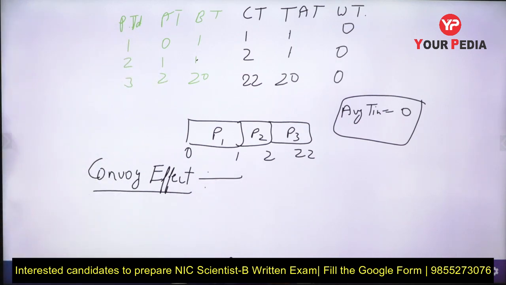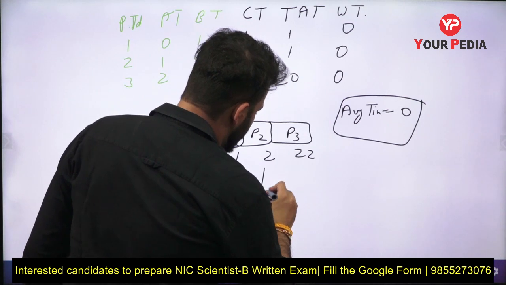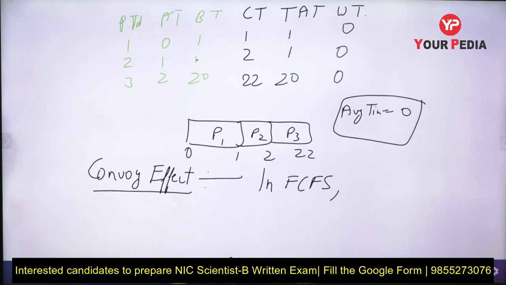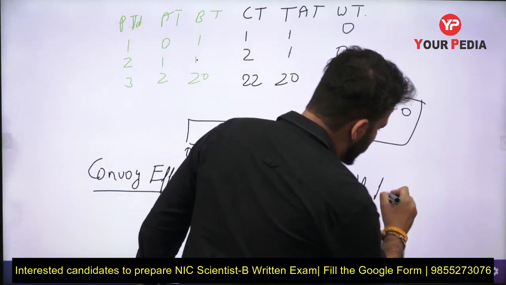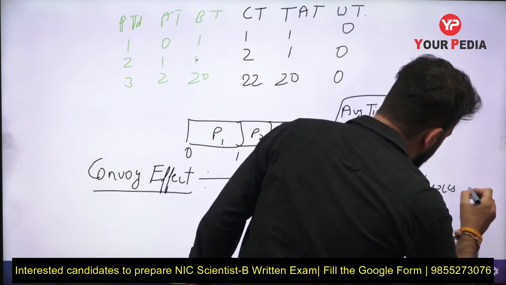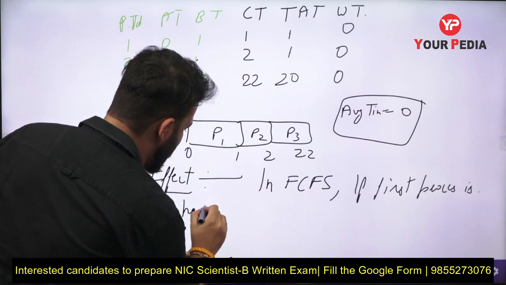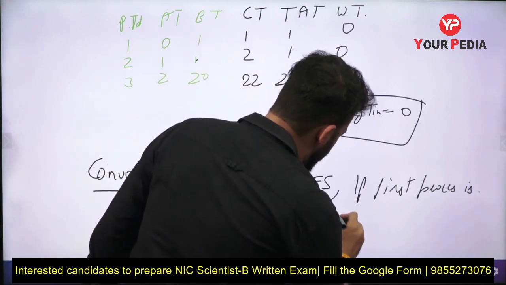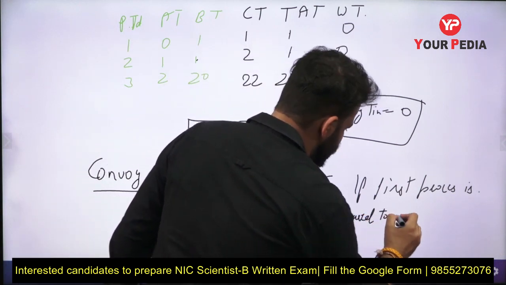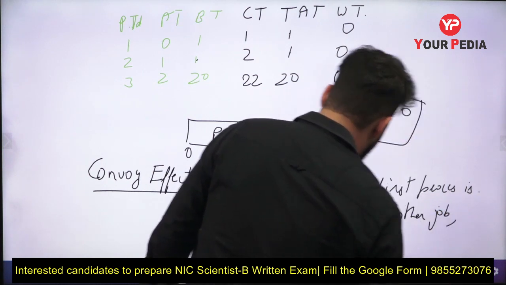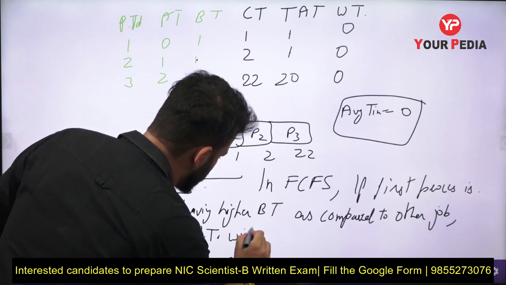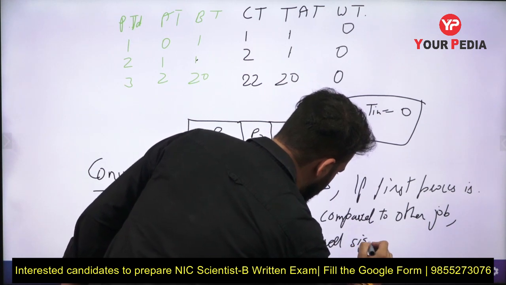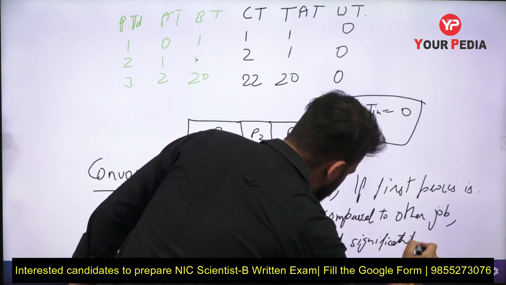So convoy effect is the effect that in first come first serve, if the first process is having higher burst time as compared to the other jobs, the waiting time will be increased significantly.